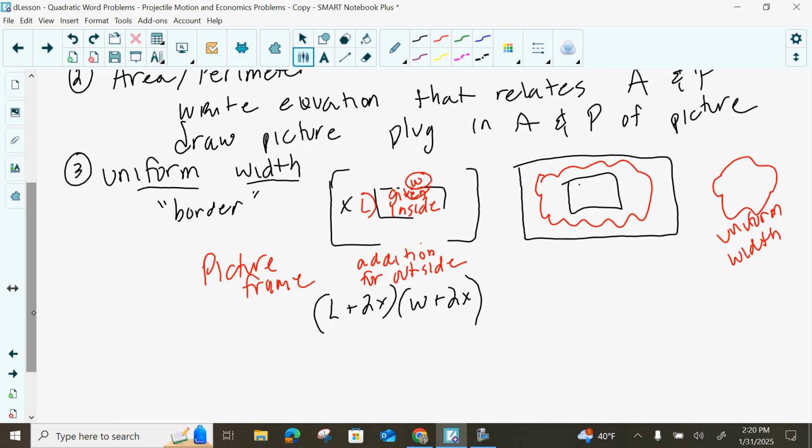Our second type is when we're given outside dimensions, L and W, and my X is the frame. That's when we're going to use subtraction for the inside dimensions.